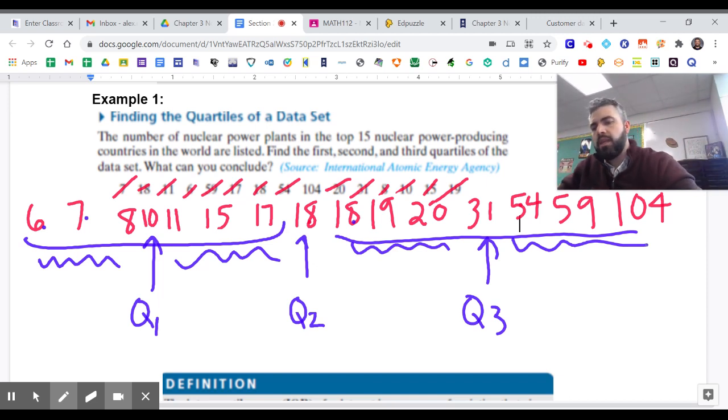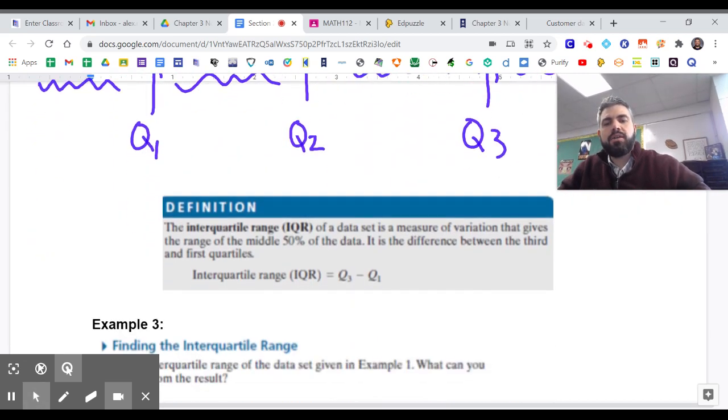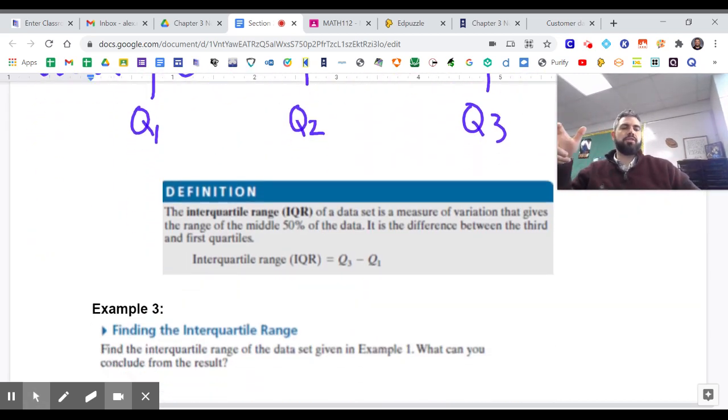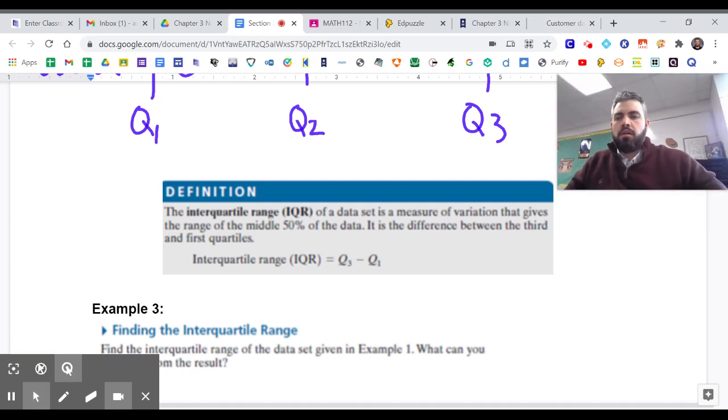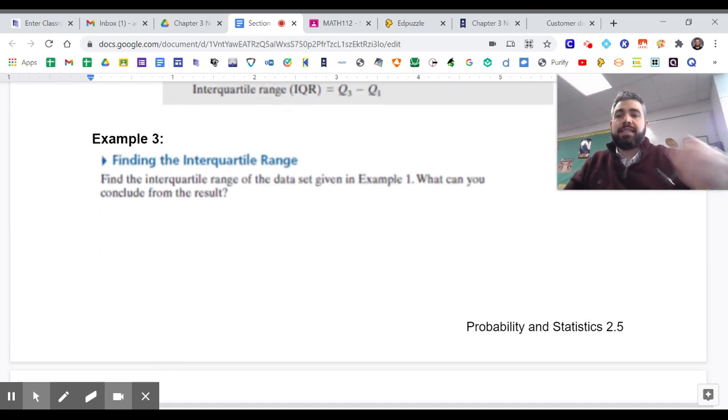Okay, very good. So the next thing we can talk about is something called the interquartile range. And so what that does is it takes those values of Q3 and Q1, the upper quartile and the lower quartile, those medians in the middle, and it finds the difference between them. So example 3 actually asks us to find the interquartile range.